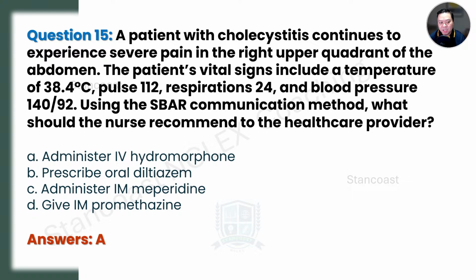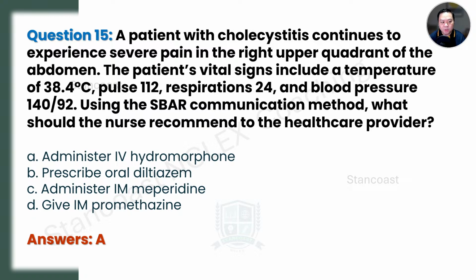So you might have noticed this, meperidine, this is the drug of choice. In the previous years, you probably have seen this in the older NCLEX reviewers, that meperidine is the drug of choice in controlling the cholecystitis pain, because it doesn't really cause a lot of spasm of the sphincter of Oddi, but this has already been disproven.